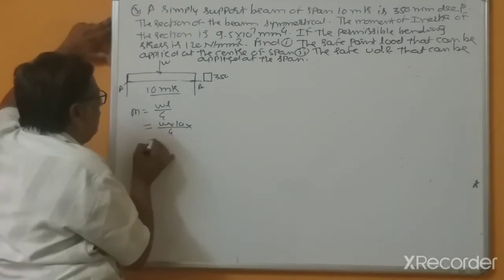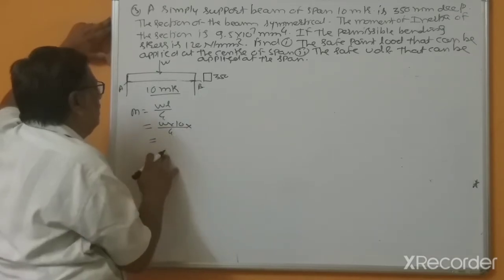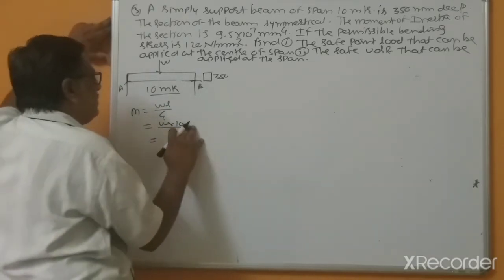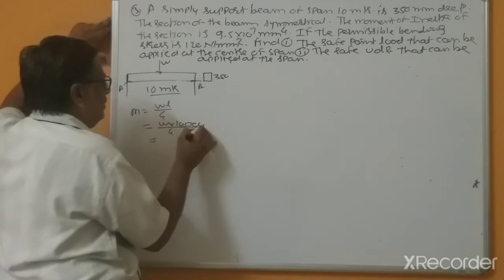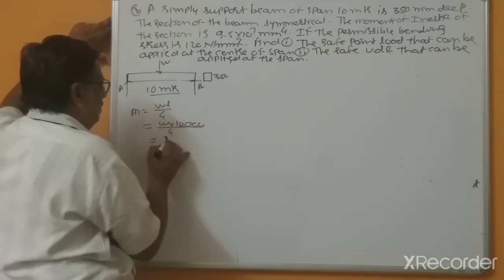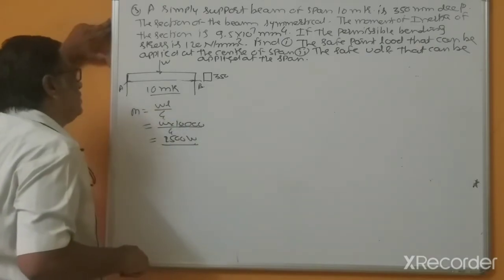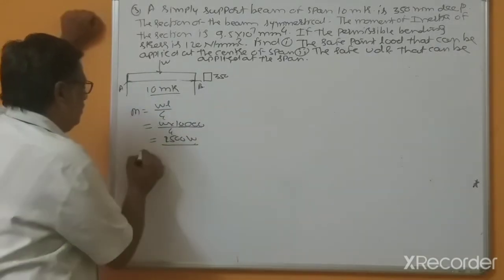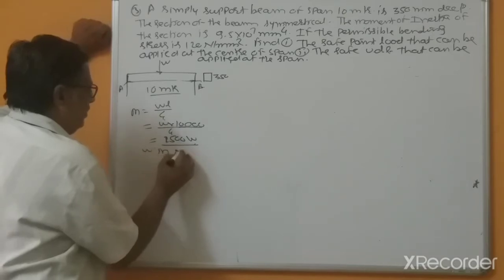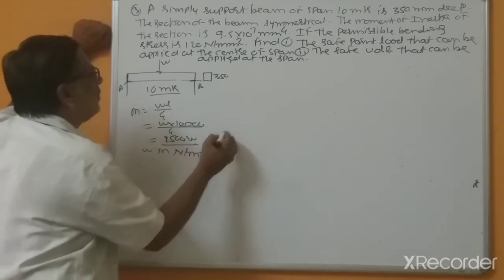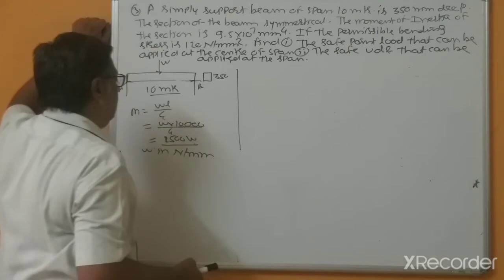So this is equal to, suppose we consider 2500 W, where this W is in Newton per mm.